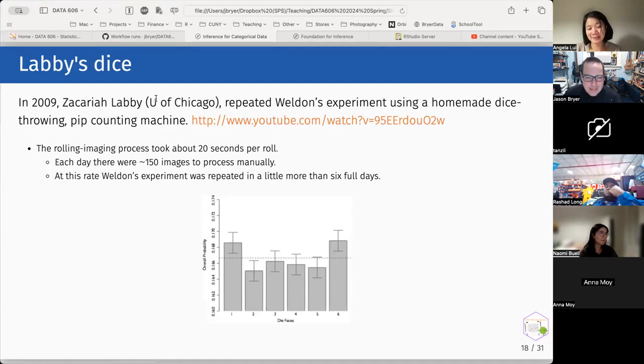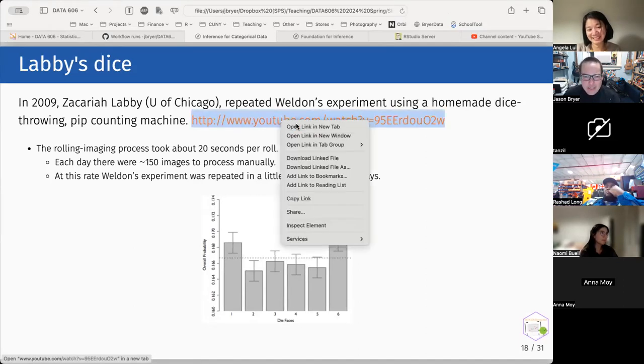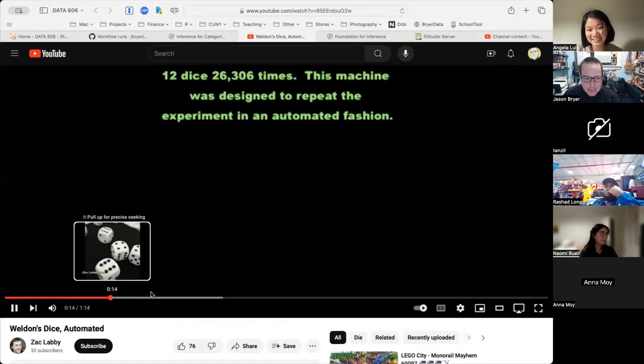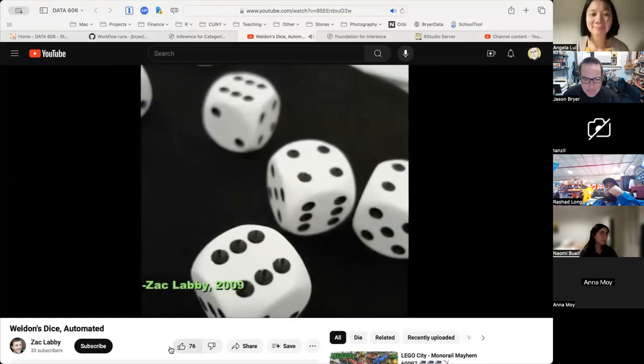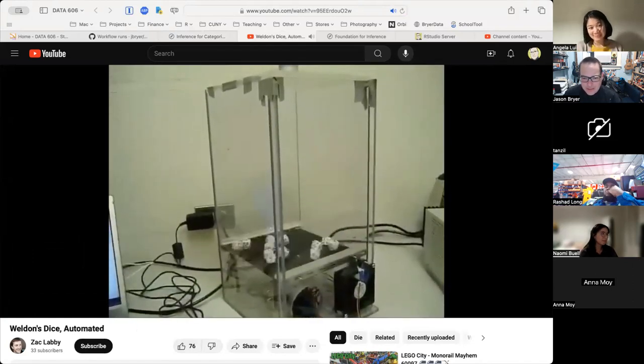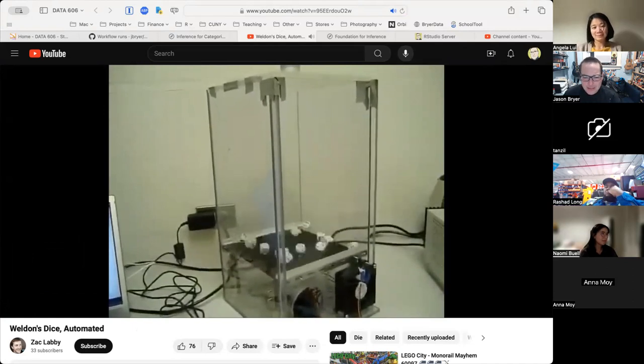In 2009, somebody at the University of Chicago, Labby, tried to repeat this. But of course, in 2009, he built a machine to do it. Here's his little machine that shuffles the dice.